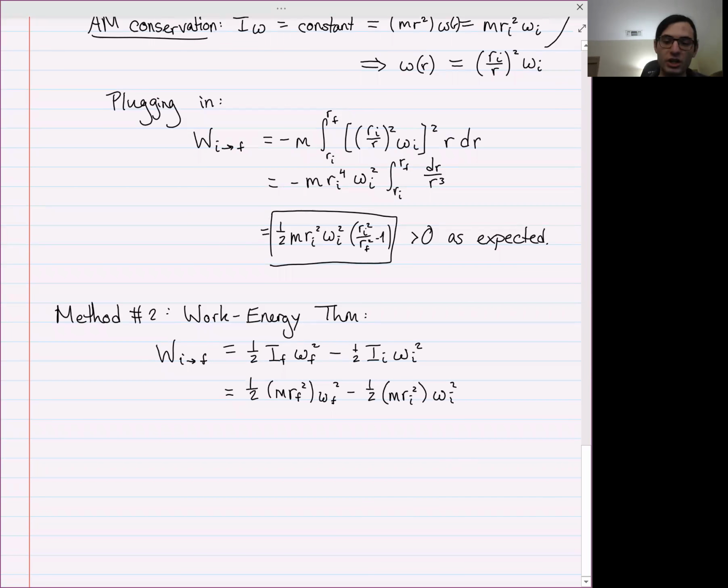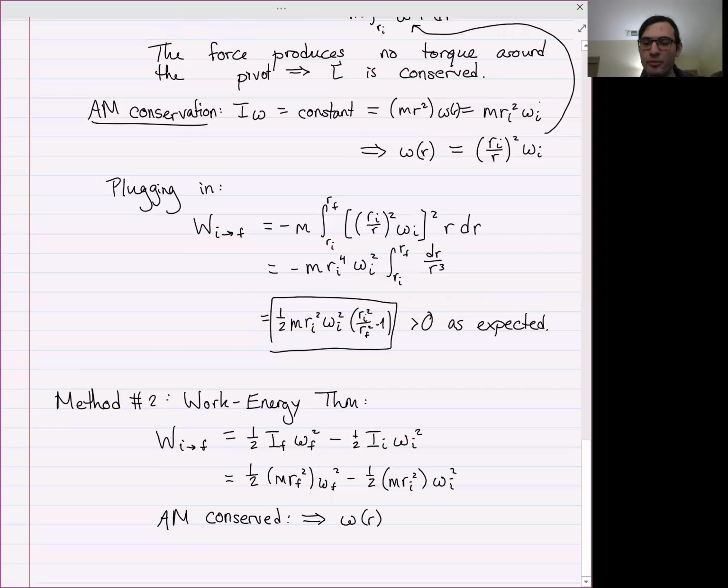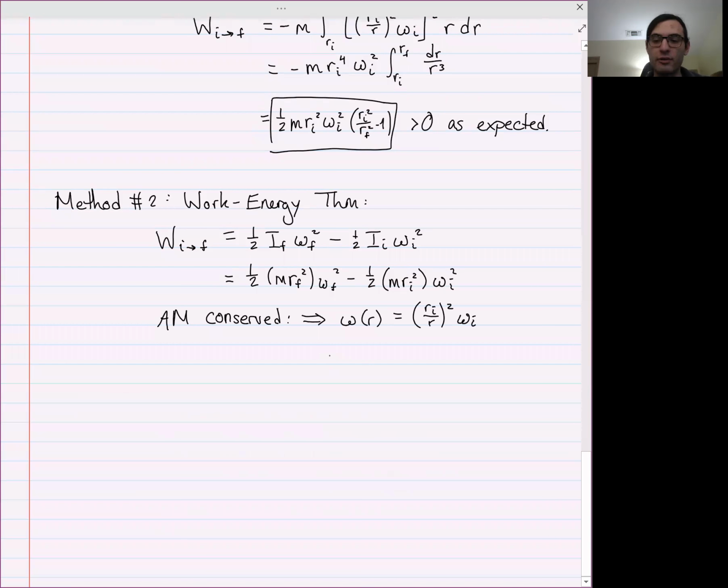Now, again, we're going to use the fact that angular momentum is conserved, for the same reason as we described above. What that implies is that omega of r is equal to Ri squared over r squared times omega I. And so we can just plug in r equals Rf.